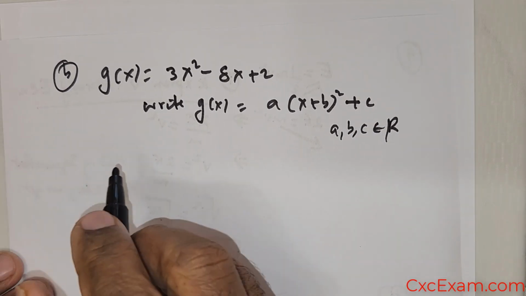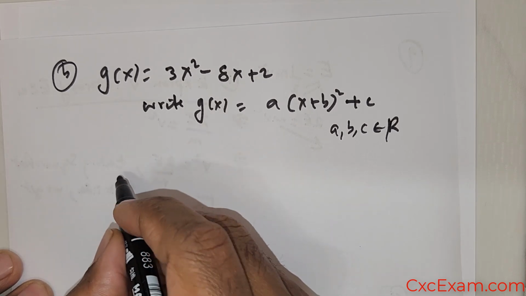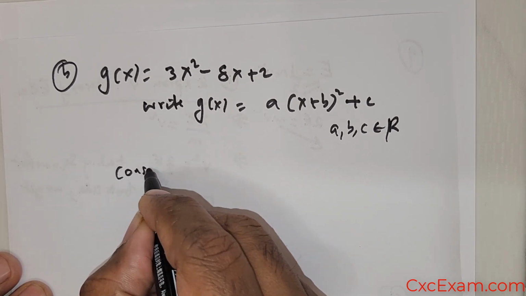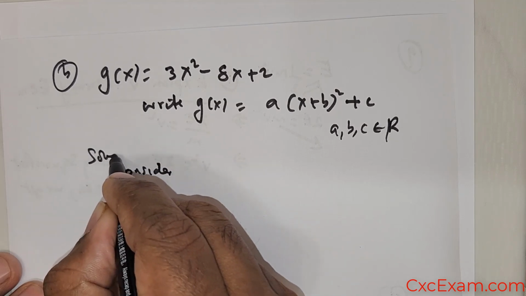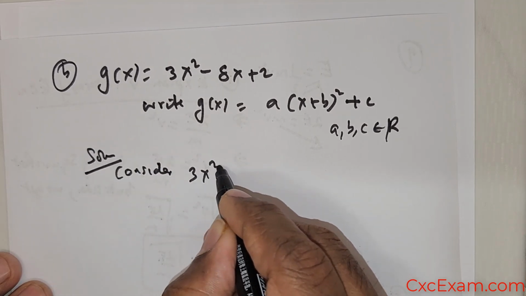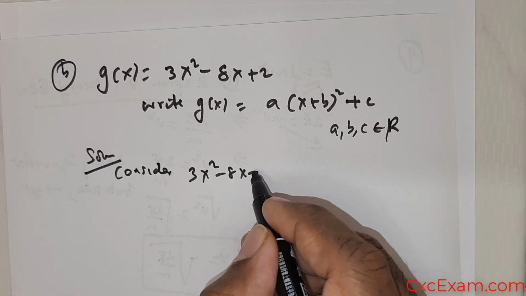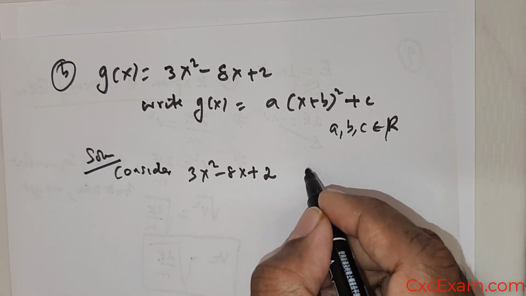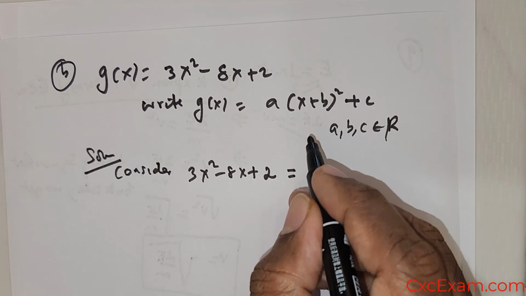So having seen the question, what I'm going to do is start off by considering 3x squared negative 8x positive 2 say equal to 0.